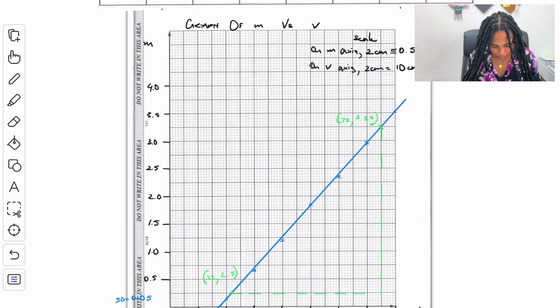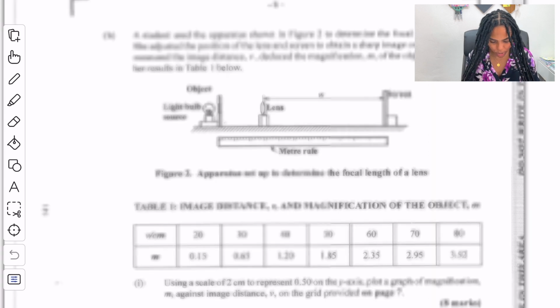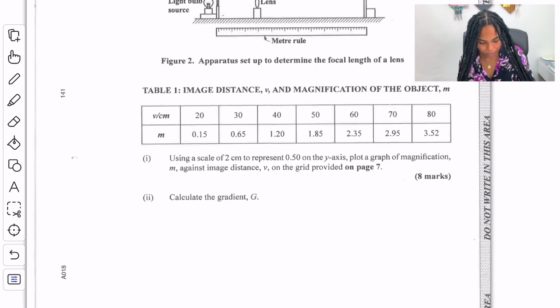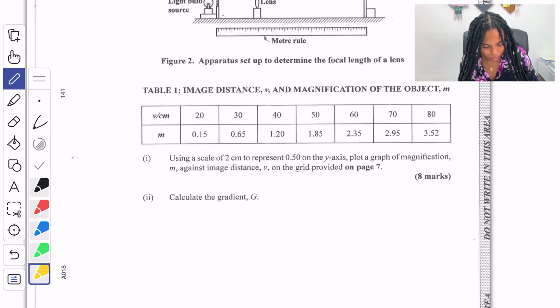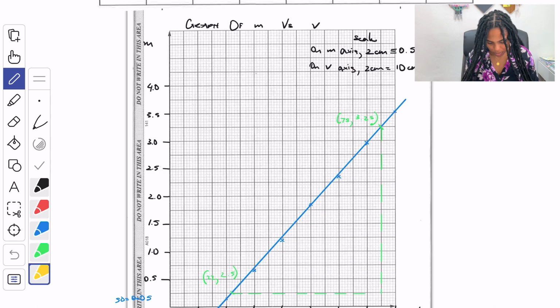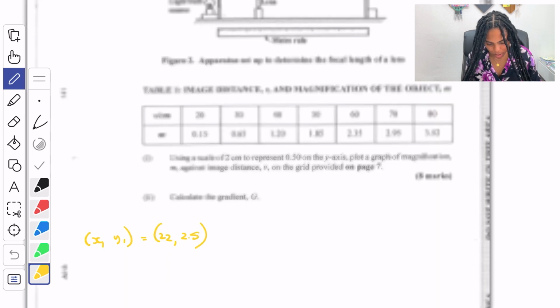I'll call the one at the bottom, 22 and 2.5, x1, y1, and the one on top, what's that, 75 and 3.25.